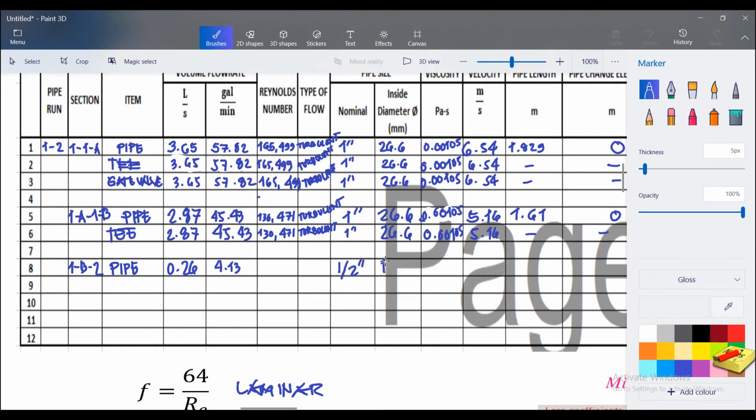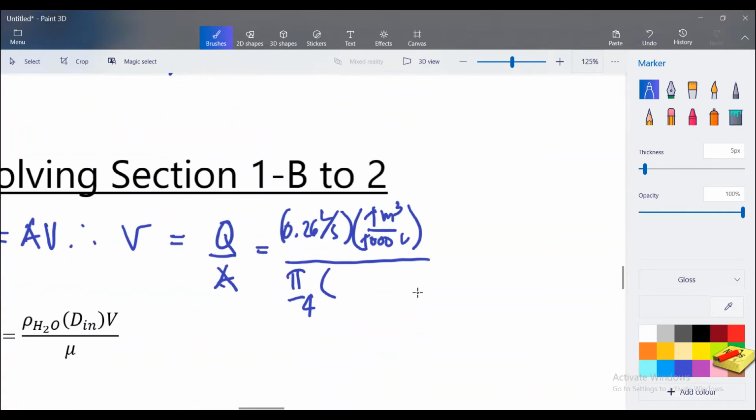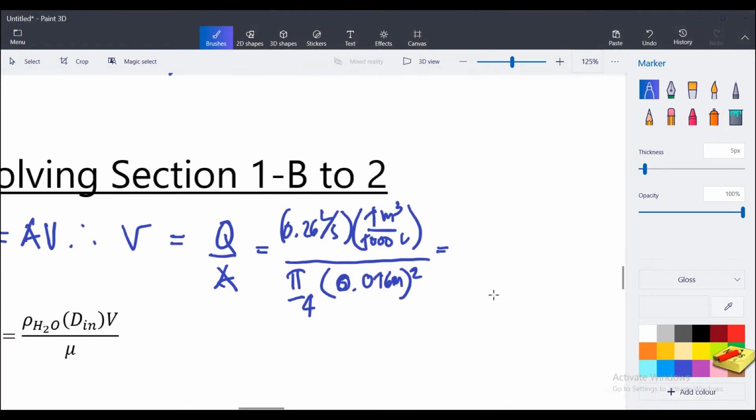So this is 16.0. So that will be 0.016 meter squared. So we have now the velocity of 1.29, or let's say this is round up natin 1.3 meter per second.